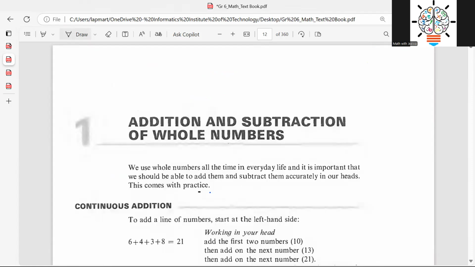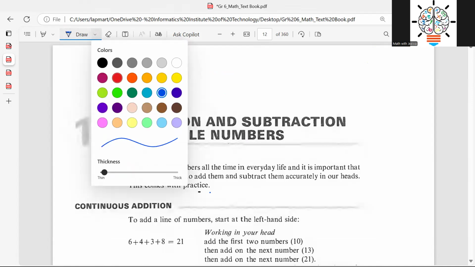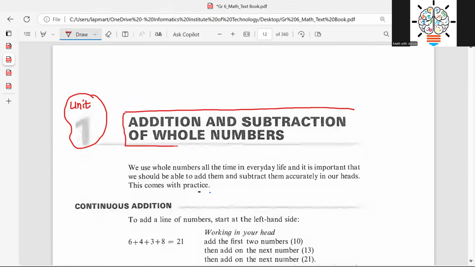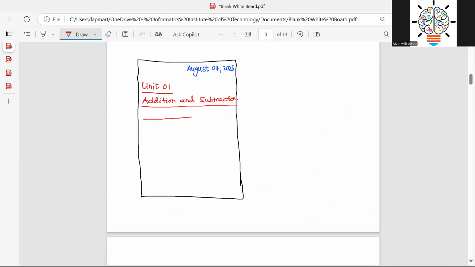These things you write in pink color: unit 1, and addition and subtraction of whole numbers. After putting the date, you write unit 1, addition and subtraction of whole numbers. That is the main topic, the first unit we are learning.